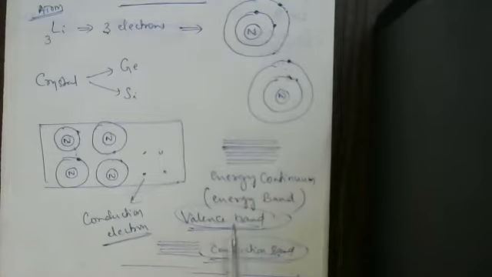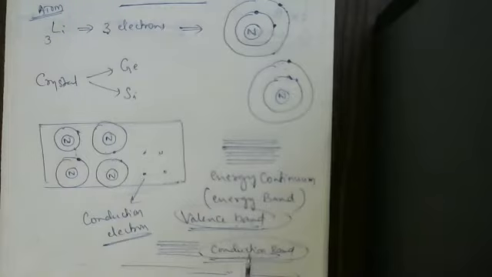Imagine the valence band at 0 Kelvin, not at 0 degrees centigrade. 0 degrees centigrade is different, 0 Kelvin is different. 0 Kelvin means minus 273 degrees centigrade. At 0 Kelvin, the valence band may be partially filled or completely filled.